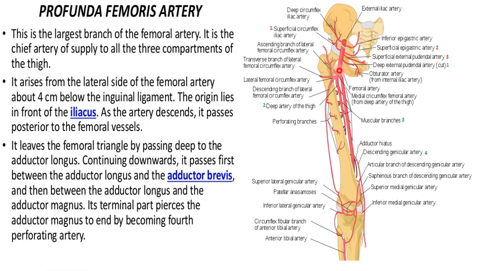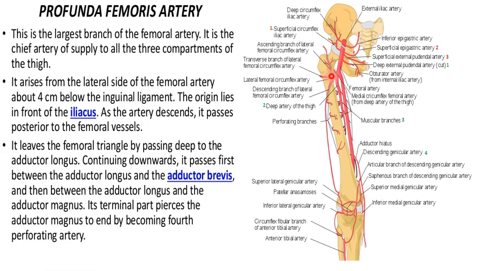And this profunda femoris artery lies on the iliacus muscle and psoas major muscle. That is the reason it is posterior to the femoral artery, separating the femoral artery from iliacus and psoas major muscles.